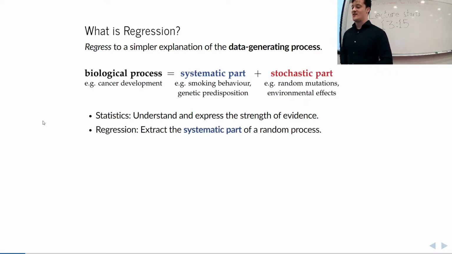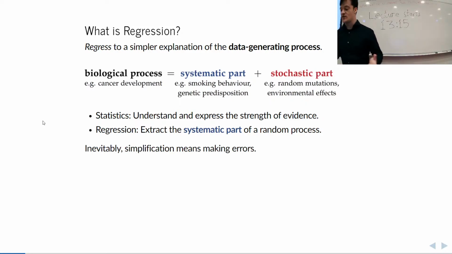Then regression is the main tool that we want you to learn during the bachelor course and also during the master course, which is trying to extract a systematic part from a random process like cancer development. What are the things that we can influence? What are the things that we can measure that we know affect the outcome?